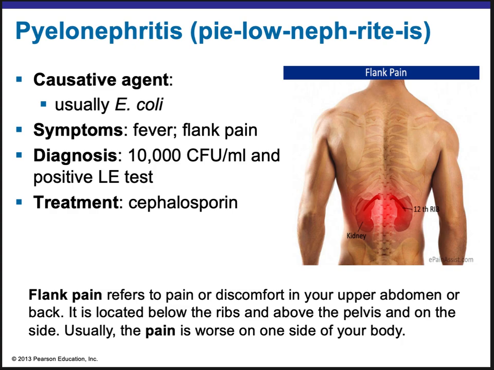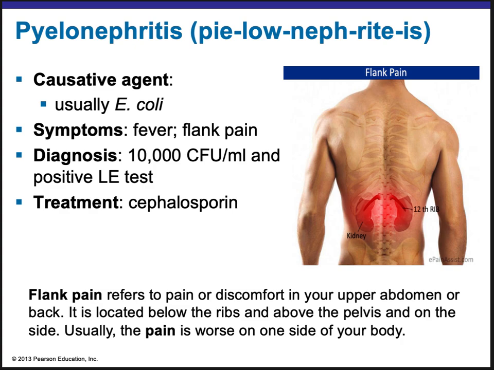Sometimes you can have a kidney infection that didn't work its way up, right? Rather, it got into the blood and then gained access to the kidneys, such as the pathogenic E. coli that I talked about. It was in your gut and then disseminated from there. And there's also another example we'll look at in just a second.